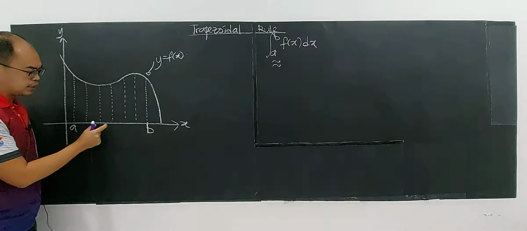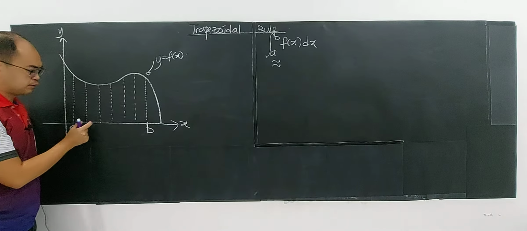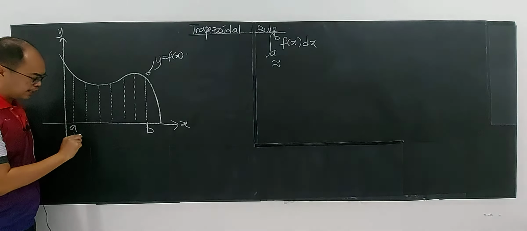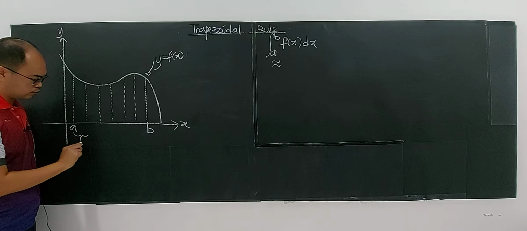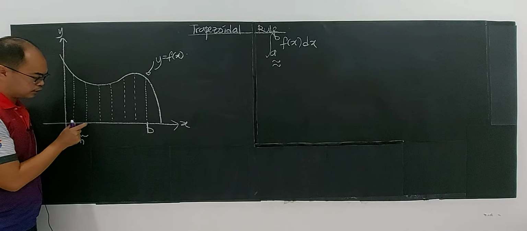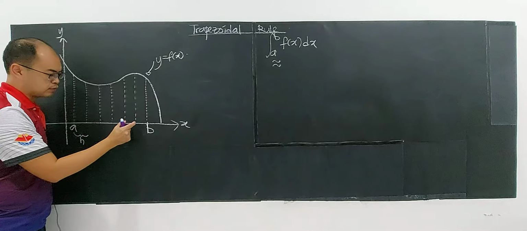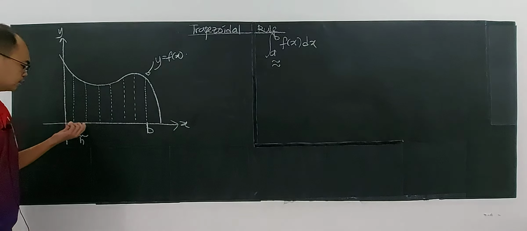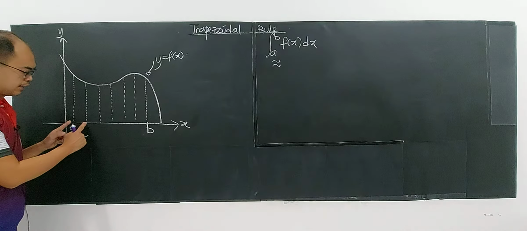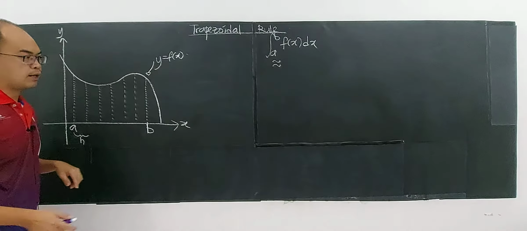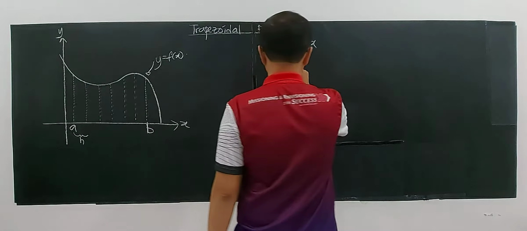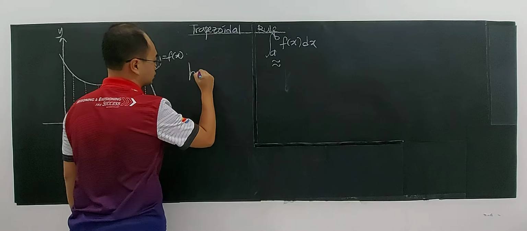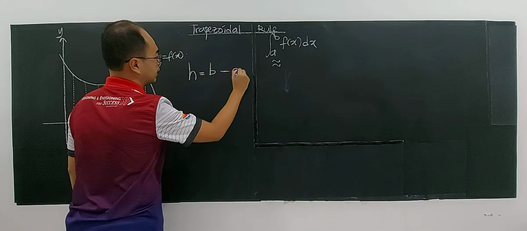All equally spaced. So if I want to get the length of each interval, we have to find the value of the length here, so we divide. How to do that? We depend on how many intervals we need. So h is taking b minus a.